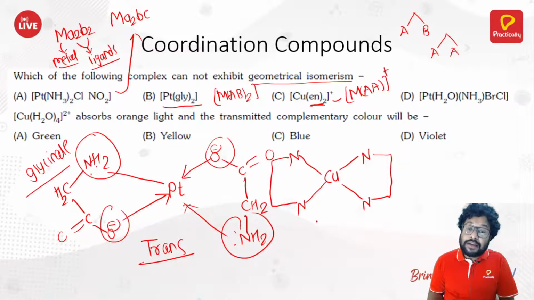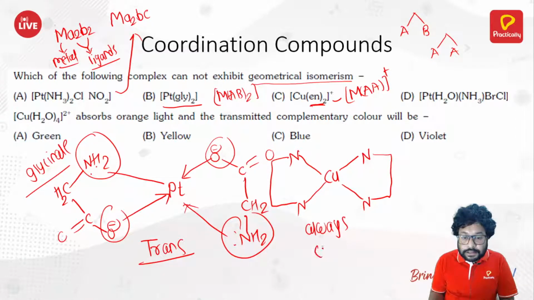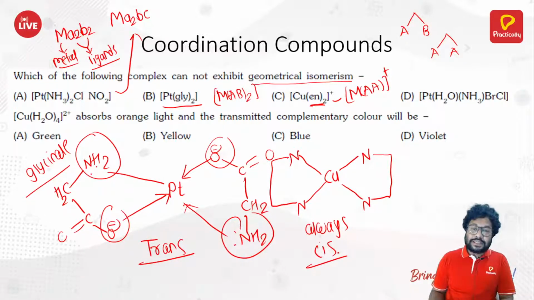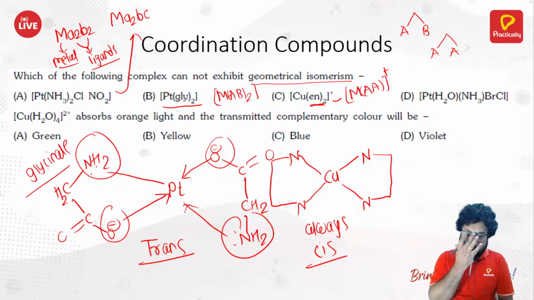It is always cis. So since it is always cis, it cannot be trans. That means it cannot show geometrical isomerism at all, right? So there is no question of it showing geometrical isomerism. That is why in this case, your answer should be C.